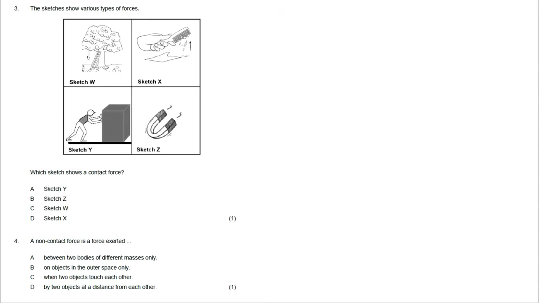In our first sketch we are given a tree and a ladder. In sketch X, we are given a cup and a hand. In sketch Y, there is a person trying to push something. And in sketch Z, we are given this object.